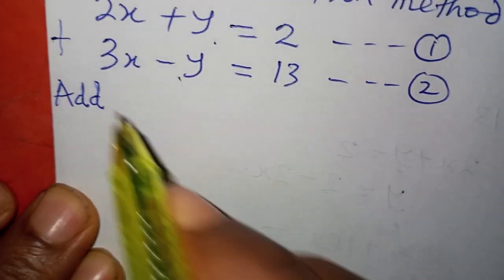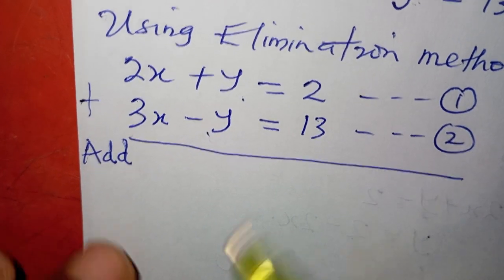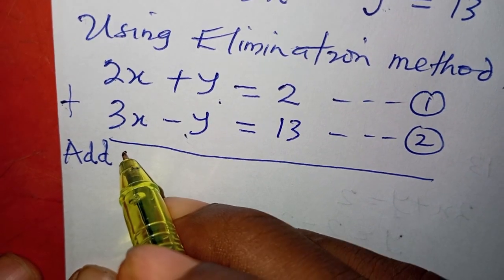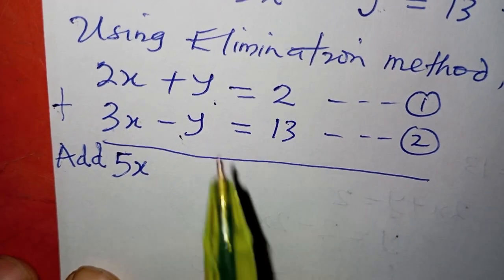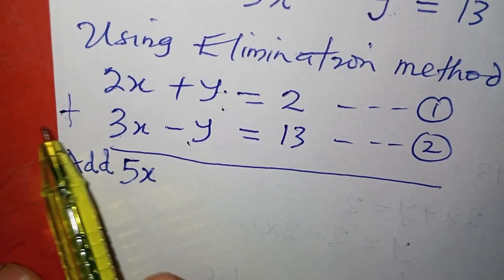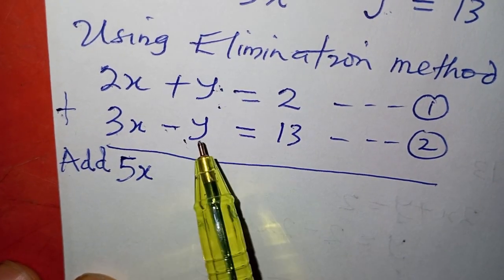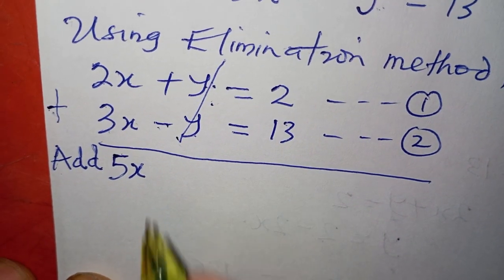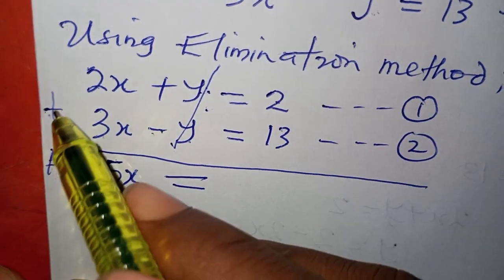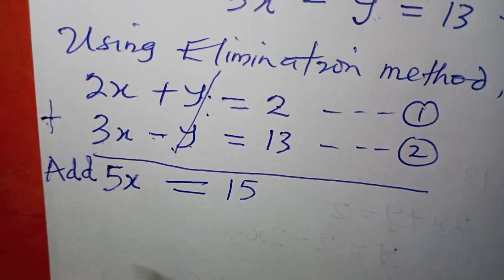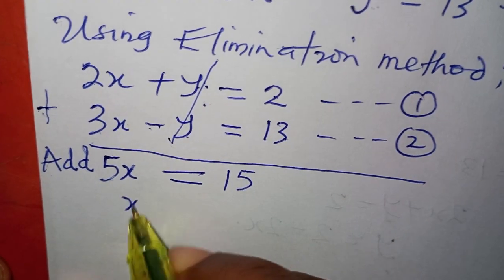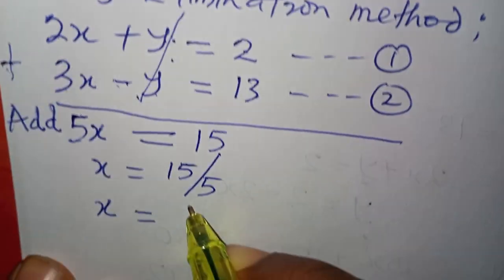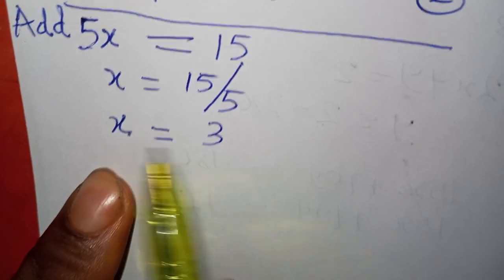Adding both, it simply means that I'm going to get 2x plus 3x, which gives me 5x. y plus minus gives a minus, so y minus y is 0. So automatically it eliminates this parameter. It is equal to 2 plus 13 gives me 15. So 5x is equal to 15, so x is equal to 15 divided by 5, which makes x equal to 3. So I've been able to obtain the value for x.